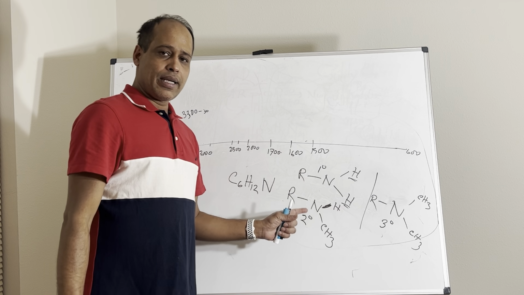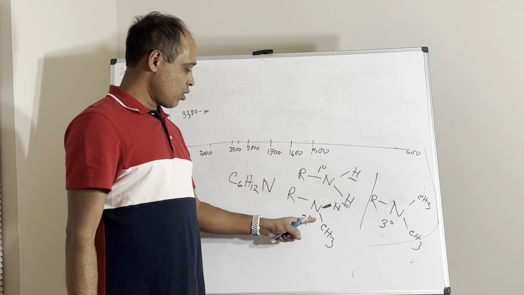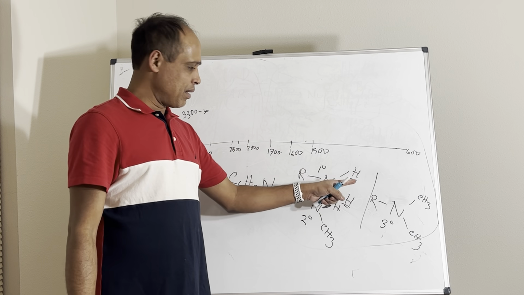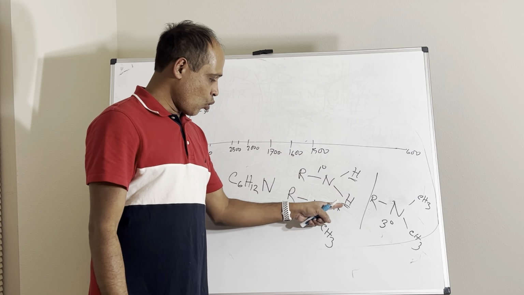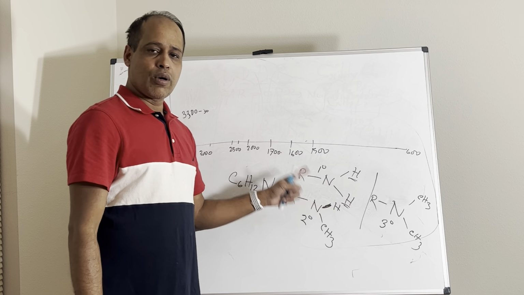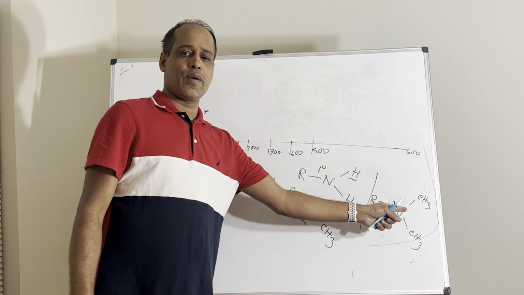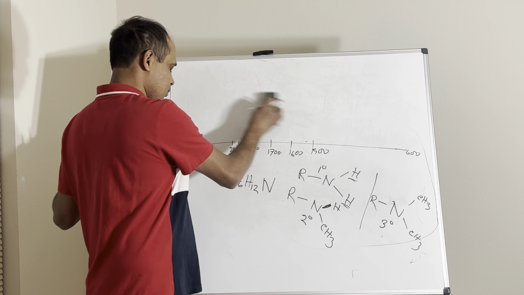So for the amine case, remember: for a 1 degree or primary amine, 2 hydrogens, so 2 bands. Secondary, 1 hydrogen on the nitrogen, so you will see 1 band. Or nitrogen with no hydrogen, so no band. So those are for the amine.